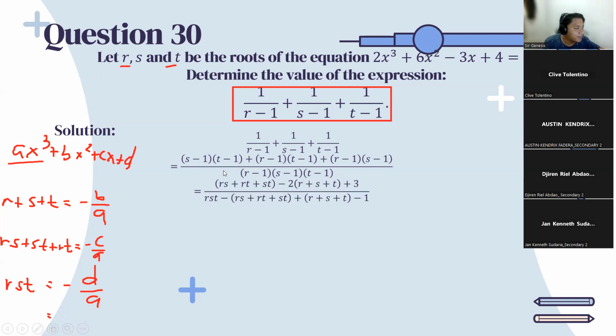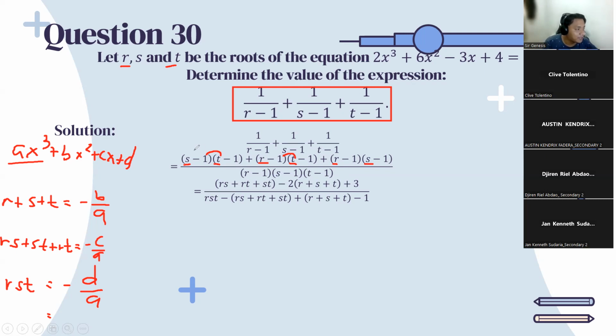When you simplify this, you can group the values to have RS plus RT plus ST, and you also have minus 2 multiplied to R plus S plus T.